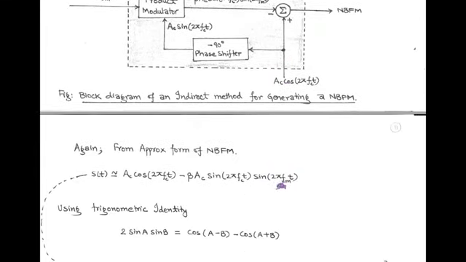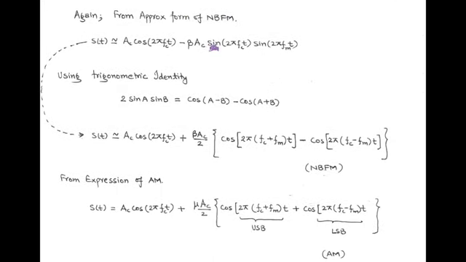Next, we again expand the approximate form of the narrowband FM equation. For this, we use another trigonometric identity, that is 2 sin A sin B, which corresponds to the second term in the narrowband FM equation, and it equals cos(A minus B) minus cos(A plus B).